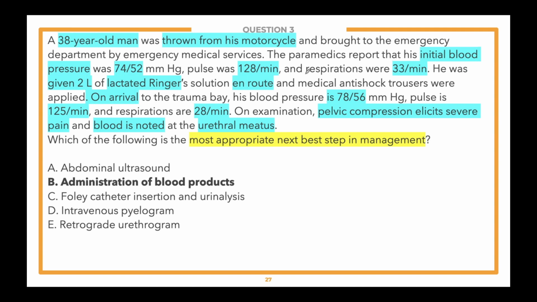We know there's blood at the urethral meatus, so we would not put a catheter into the urethra, because that could worsen the trauma. Lastly, an abdominal ultrasound could also be a diagnostic test to consider, but again, not the next best step. The most appropriate next best step is to give him blood products to help stabilize him.